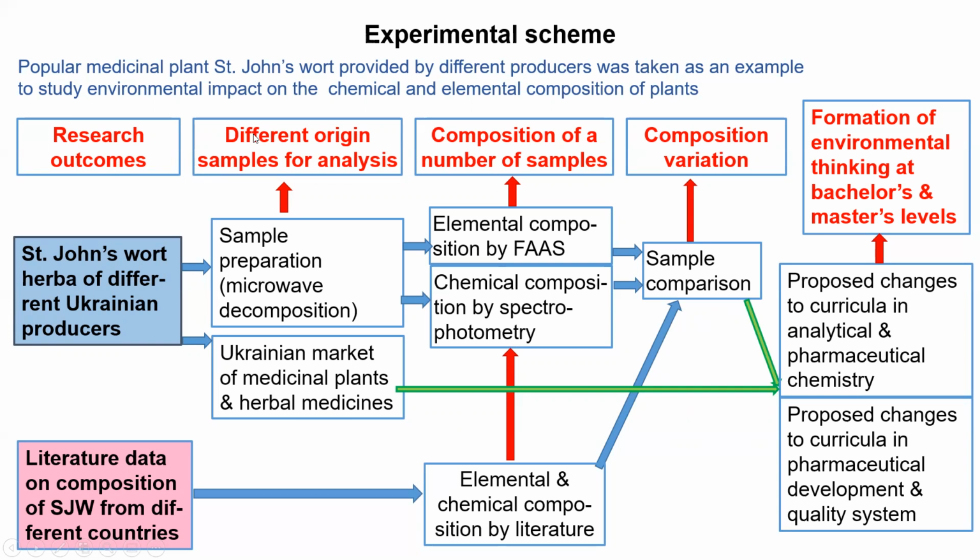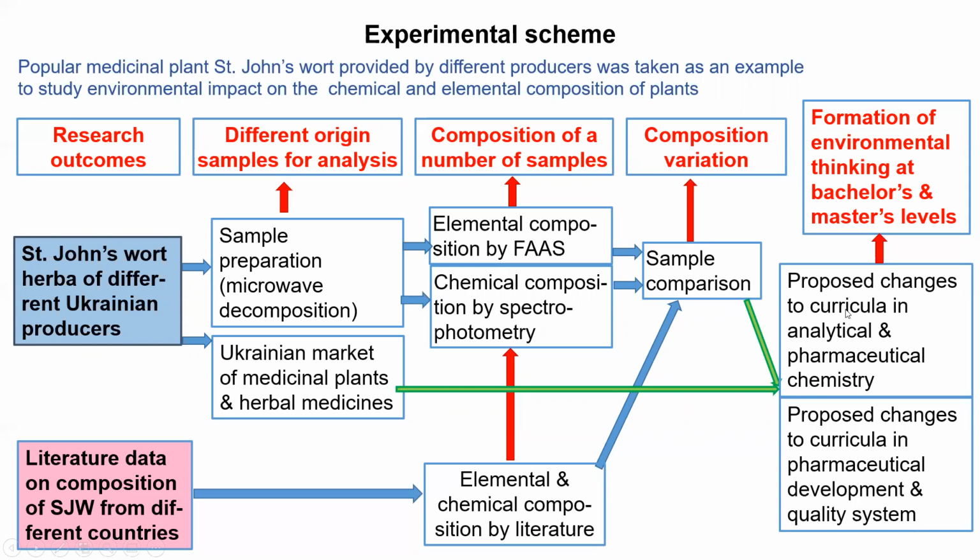Now we have different origin samples for analysis and composition of a number of samples and composition variation. The stability of elemental and chemical composition of herbal medicines was experimentally studied using samples of herbal St. John's wort of different origin and compared with literature data. After that, you see the results of our work.